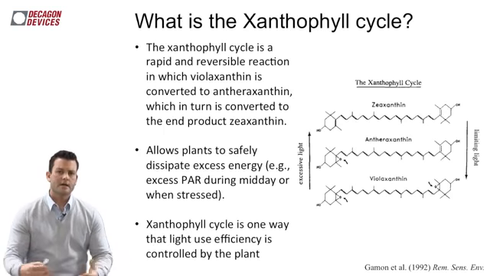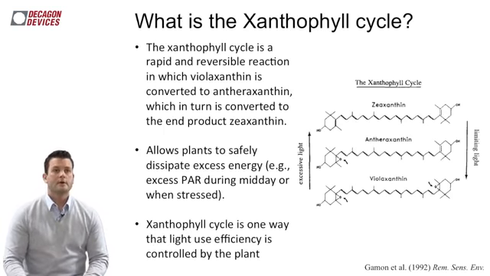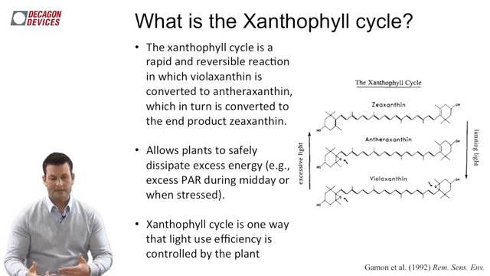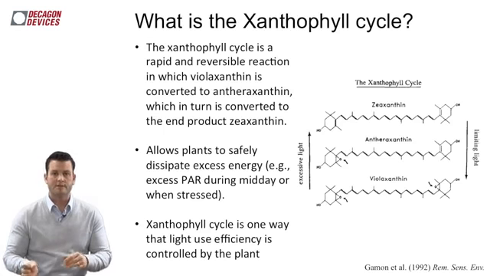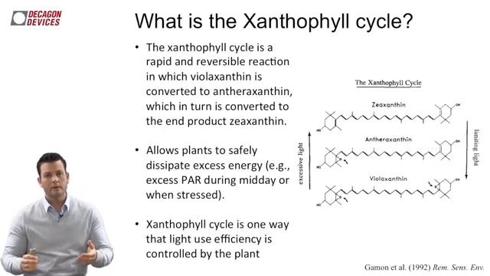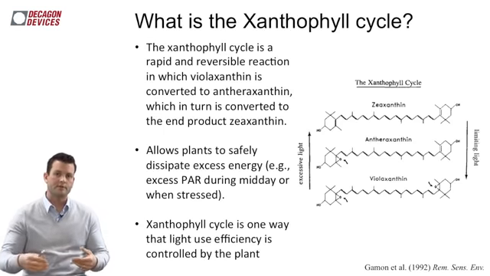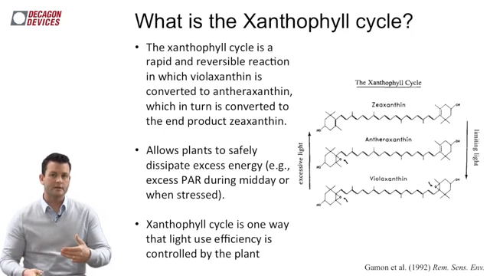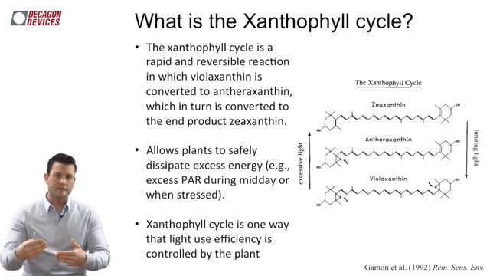So the xanthophyll cycle is a rapid and reversible reaction, in which the xanthophyll pigments go through an interconversion process, both forward and backward. So that interconversion process, if we look at the right-hand side, the figure there, so we start with violaxanthin, it's converted to antheraxanthin, and then the end product is zeaxanthin.